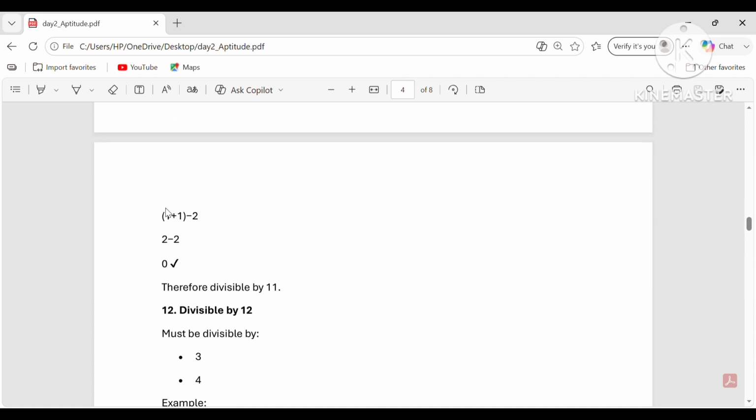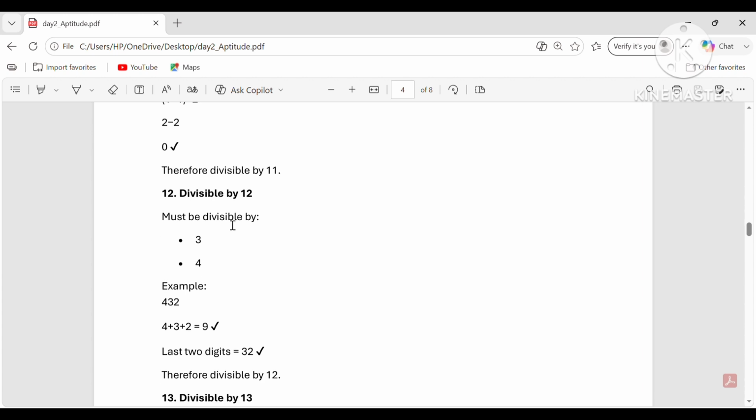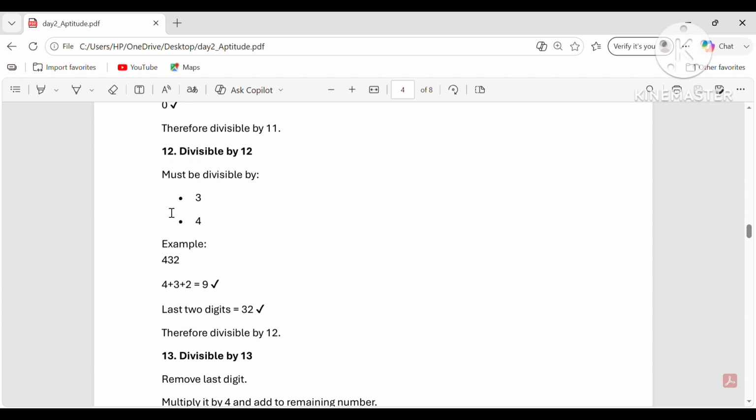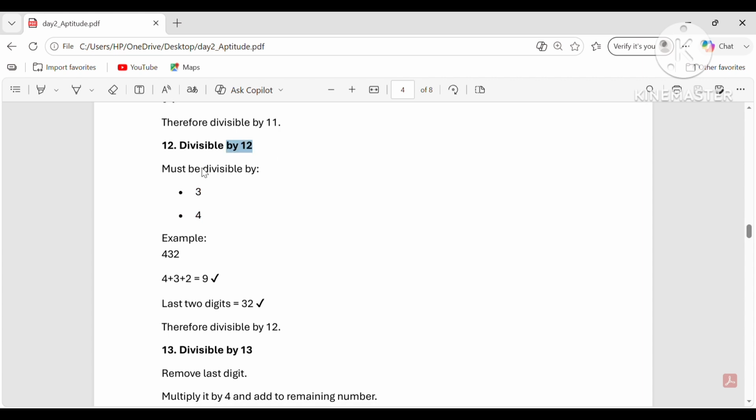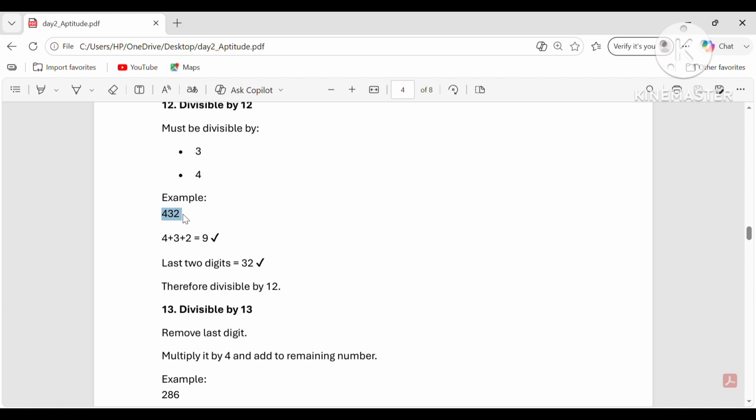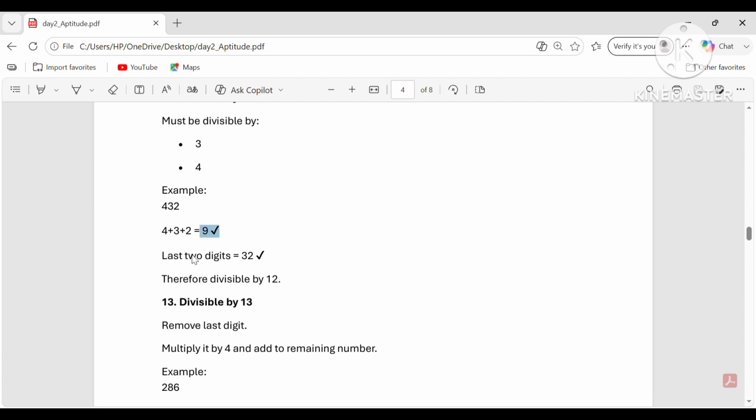Then we need to subtract it from the other alternate digits sum. So here first place and third place will be the alternate ones, and the second one is the other sum. So 2 minus 2, 0. Therefore this given number 121 is divisible by 11.